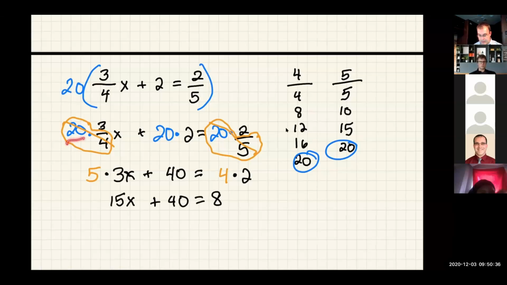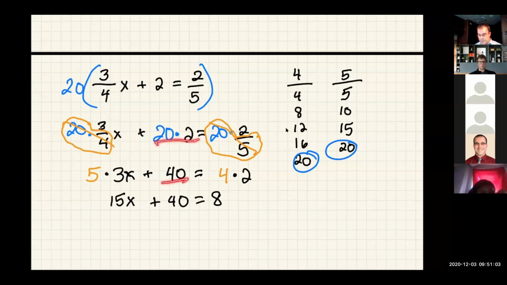That means I multiply each term in the equation by 20. Multiplying 20 times the 3/4 is what canceled out the divided by 4, because 20 divided by 4 became this 5 right here. That got rid of the 20 and the 4, leaving just the 5, but I had to remember I still have a 3x going on, so 5 times the 3x.